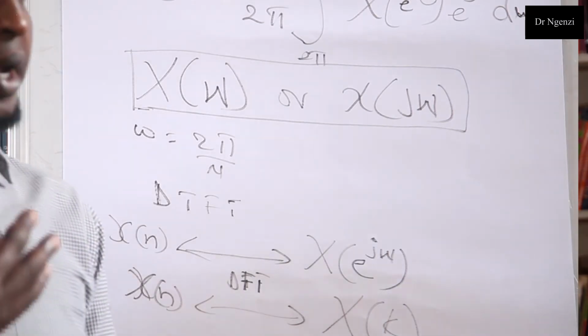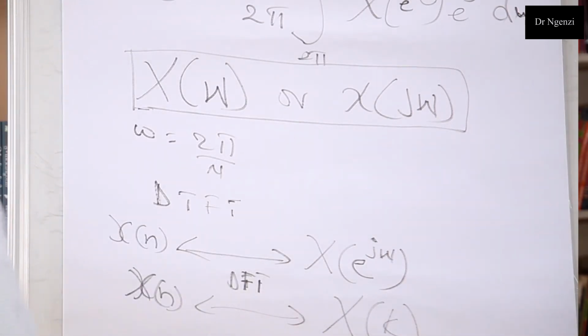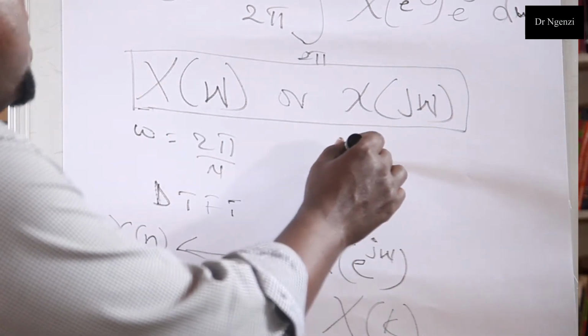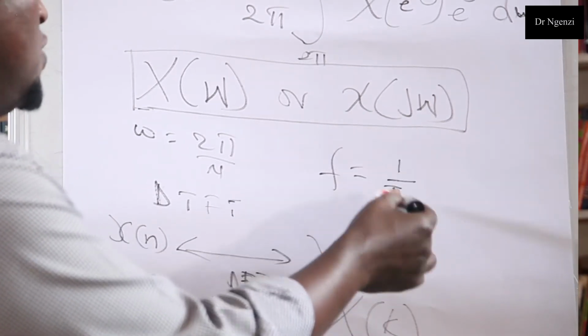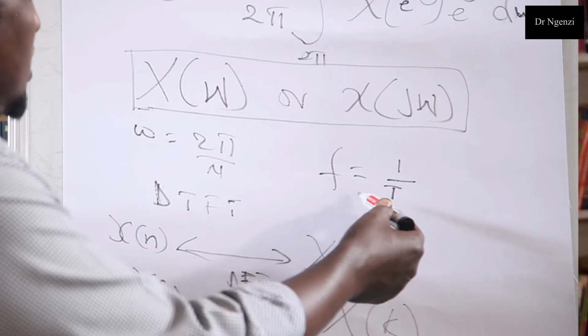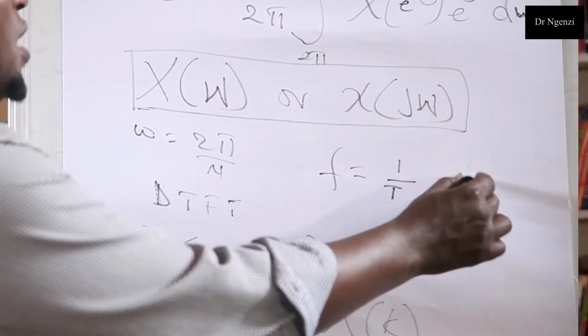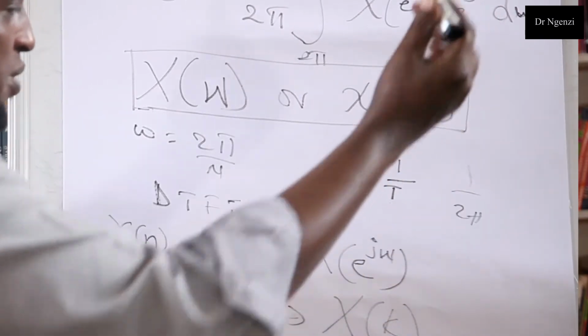So in this case, having the derivative, you can have big X of e power j omega, that is, remember, the sum from n equals negative infinity to infinity.